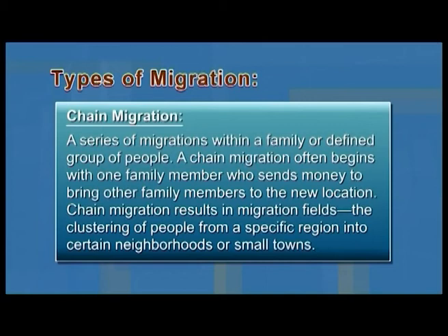A chain migration often begins with one family member who sends money to bring other family members to the new location. Chain migration results in migration fields, the clustering of people from a specific region into certain neighborhoods or small towns.